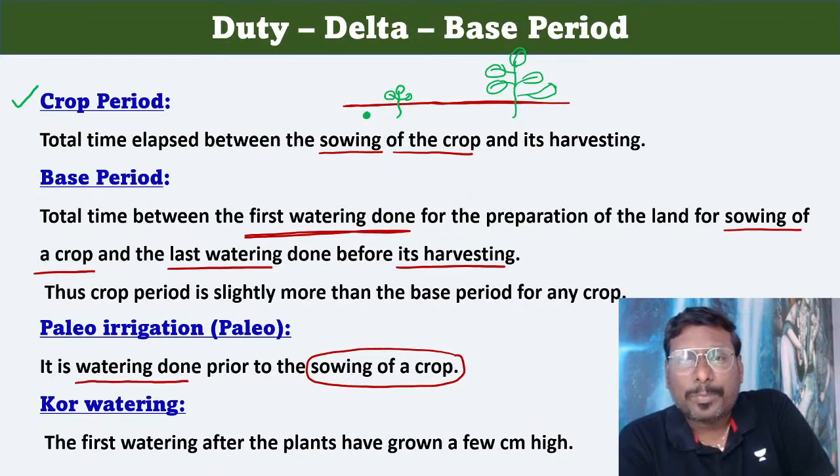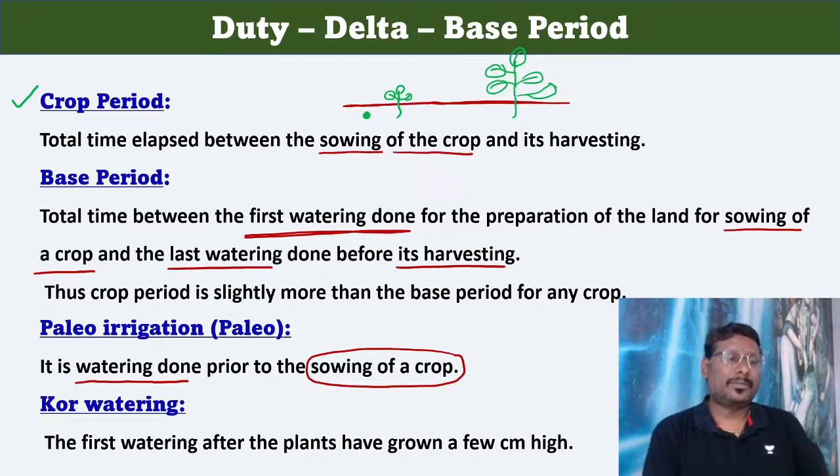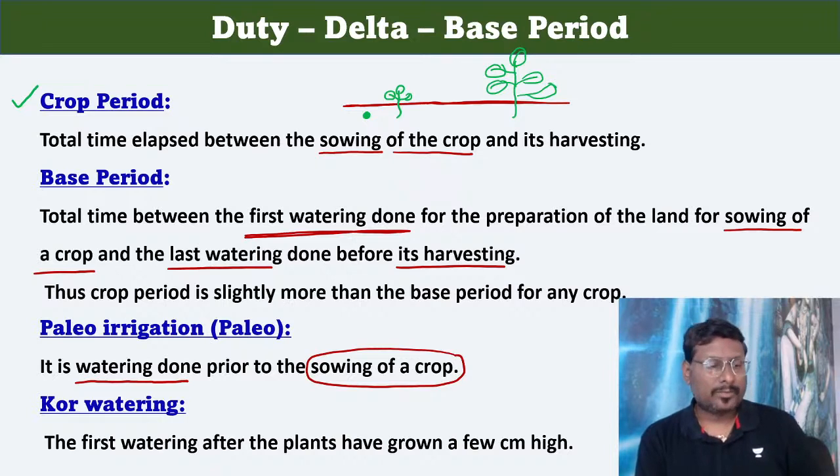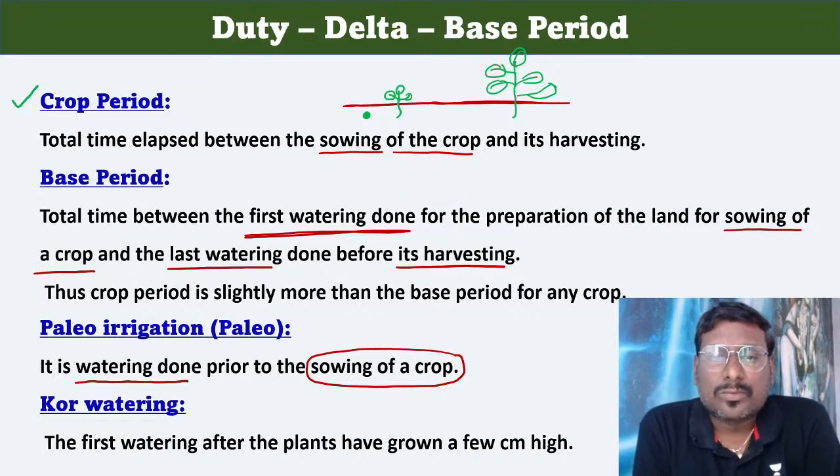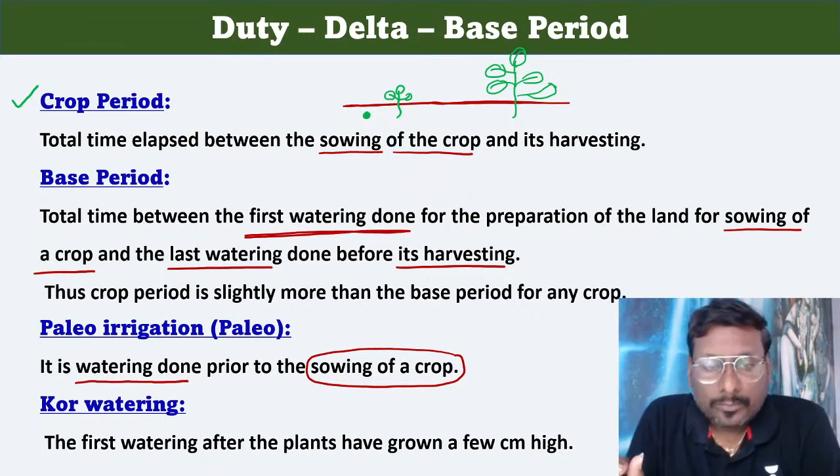For that land preparation, whatever watering is done, that is called paleo irrigation. So paleo is the first watering, done prior to sowing of crop.